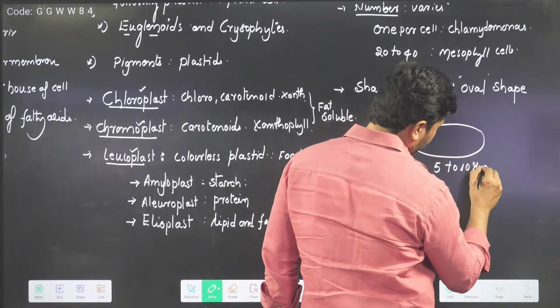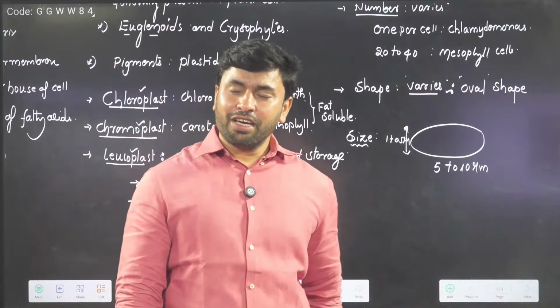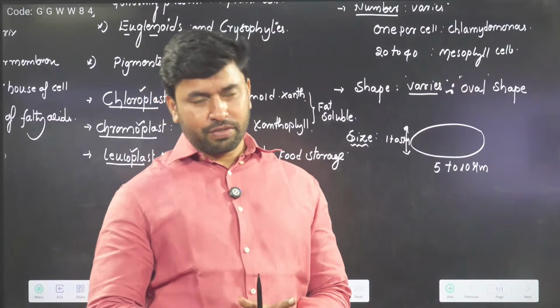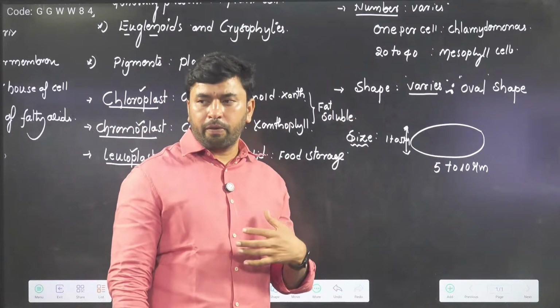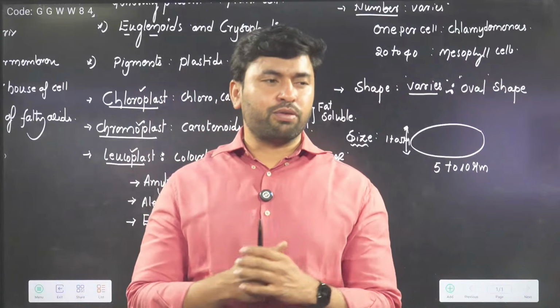They are not just somewhat larger, they are much larger when compared to our mitochondria. So let us check the internal structure of chloroplast. Okay, time up. We will talk about the internal structure of chloroplast in the next episode.